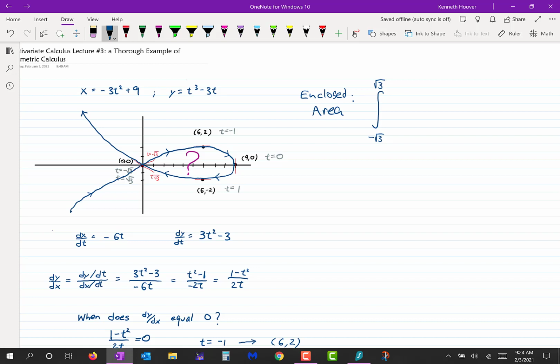Okay, so what's the formula for area? You integrate y times dx dt. So that's going to be t cubed minus 3t times negative 6t. Okay, that's an easy integral.